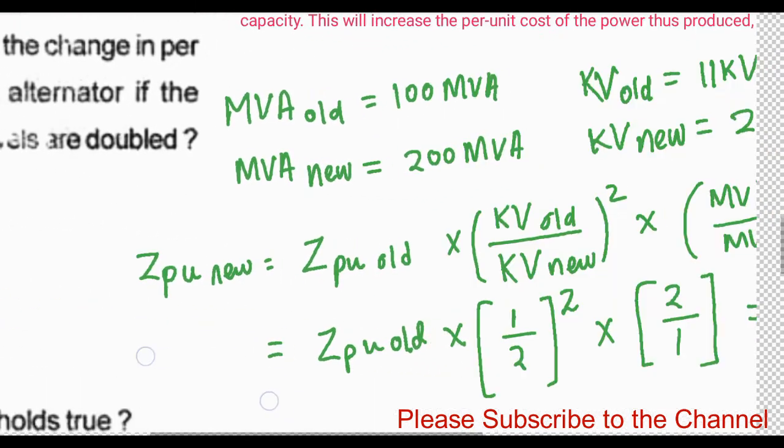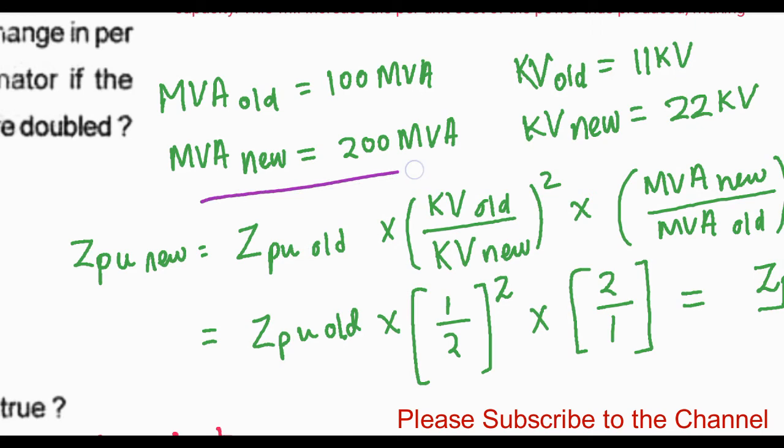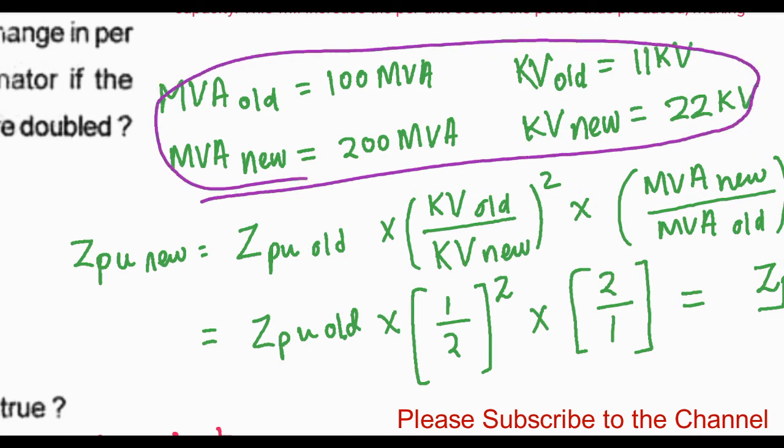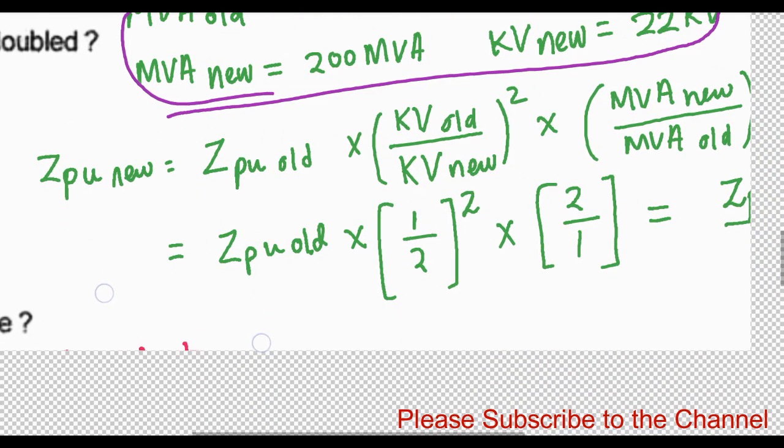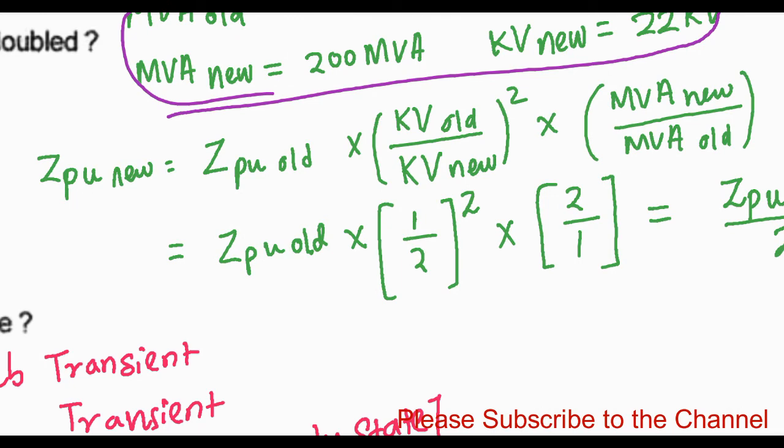So if we consider the formula, Z per unit new will be Z per unit old into kV old by kV new whole square into MVA new by MVA old. Here kV new is 2 times kV old, so this will be half square, into 2, because MVA new is also 2 times MVA old.